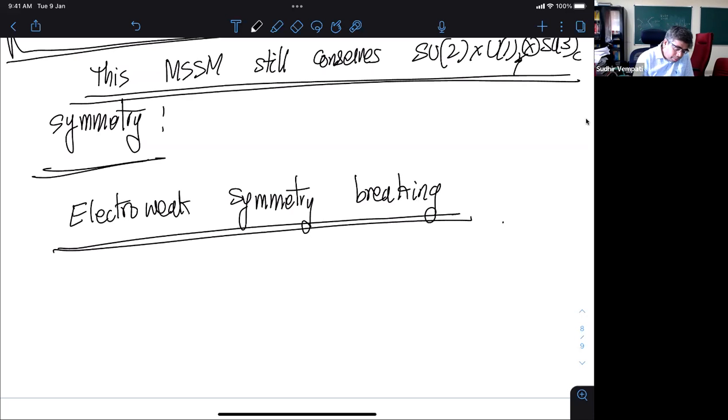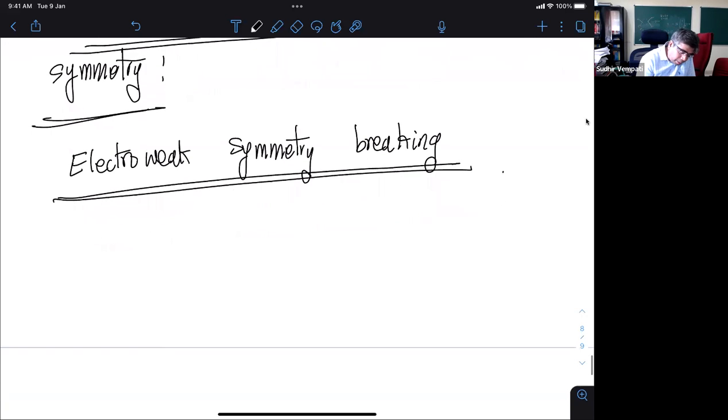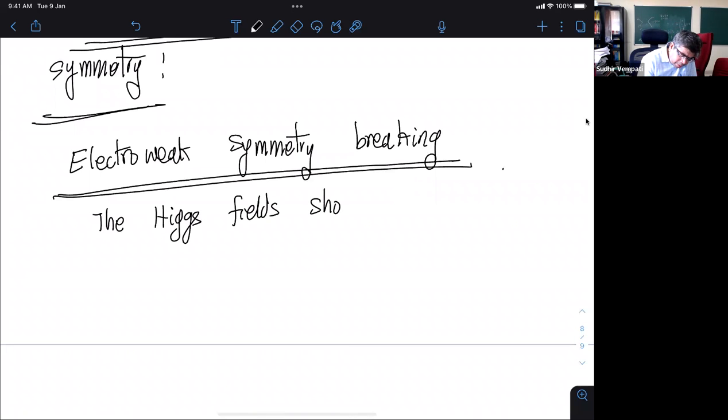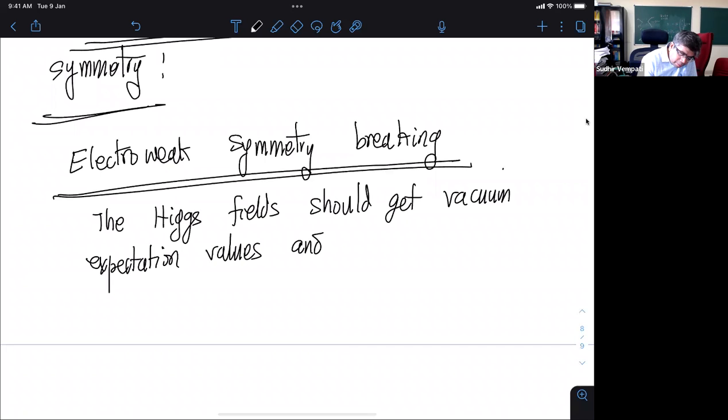Okay, good. Okay, so we want to incorporate electroweak symmetry breaking as close to the standard model as possible. So we want to do it in the same manner as well. What we want is the Higgs fields should get a vacuum expectation value and lead to electroweak symmetry breaking.